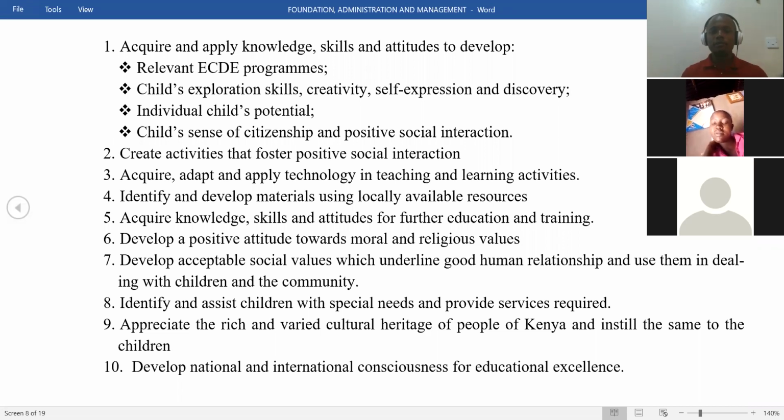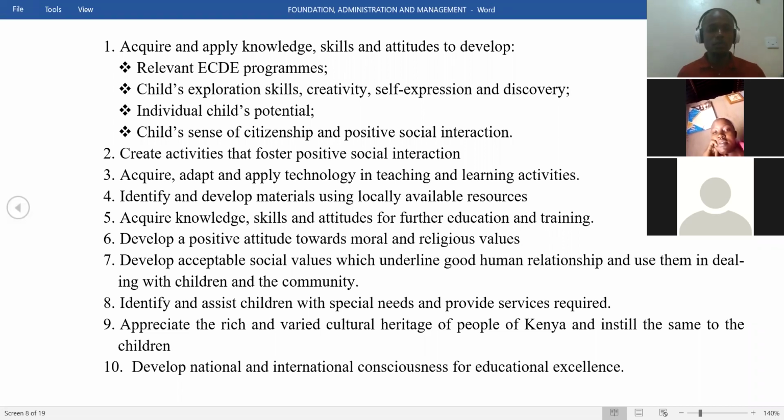They can mold man-made features and also natural features. They can mold buildings, trees, human beings, anything. That is exploration and creativity, depending on what they have seen and what they desire in the environment. They are also expressing themselves and showing the discovery of what they are able to design.